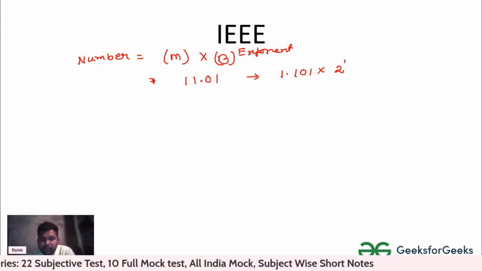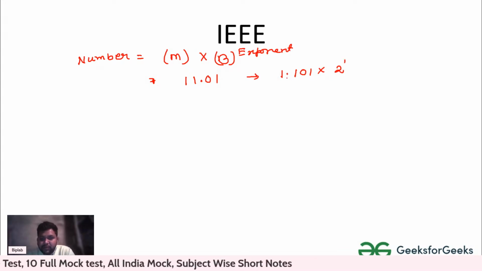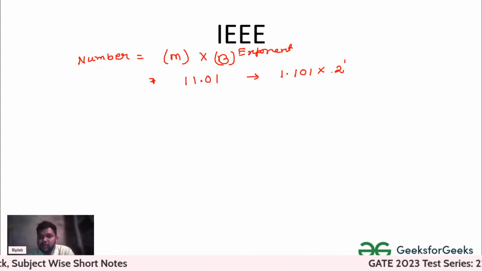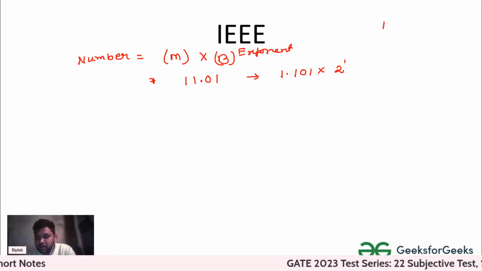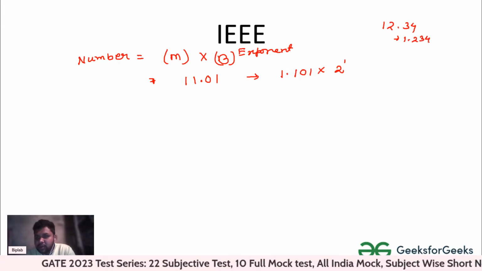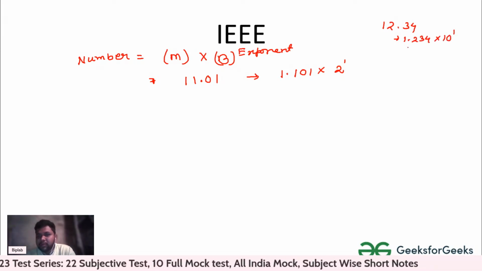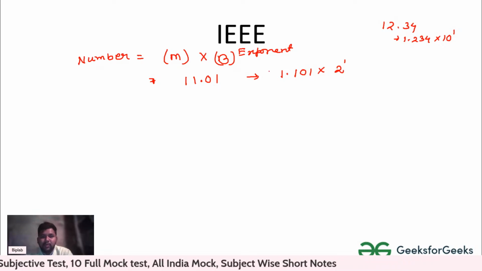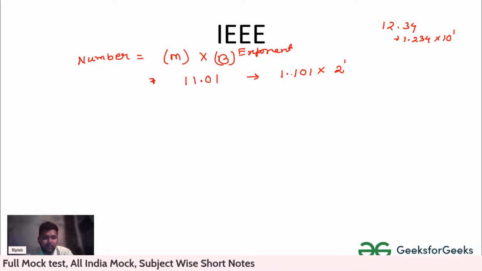When you multiply, you shift the point by one digit to the right. You can consider this like our normal number, where we write 12.34, and we can write it as 1234 into 10 to the power minus 2. So any number can be converted into this form.